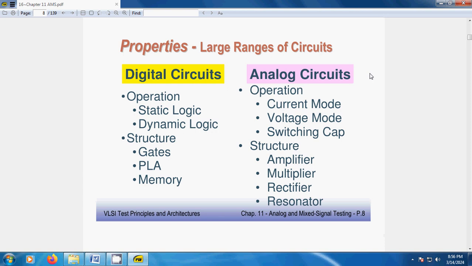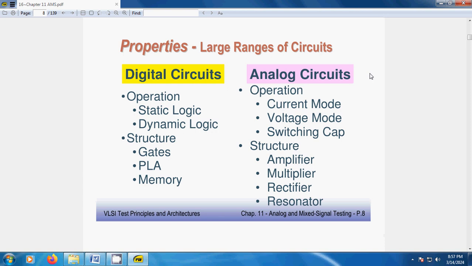Either it can be RAM, ROM, etc. If you go for analog circuits, the principal modes of operation can be either current mode or voltage mode, or switching capacitance. Depending upon the internal structure of the IC, it can be an amplifier, a multiplier, a rectifier or a resonator. So naturally, analog circuits have more variety than digital circuits.